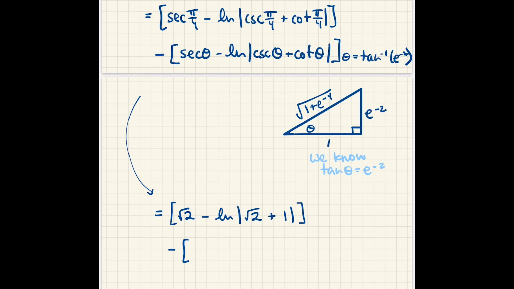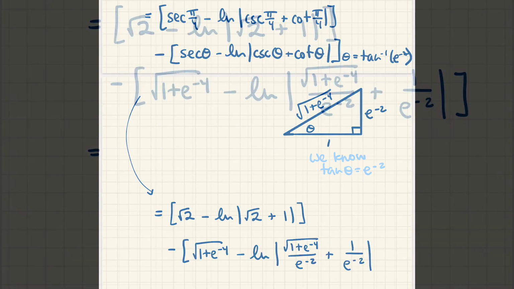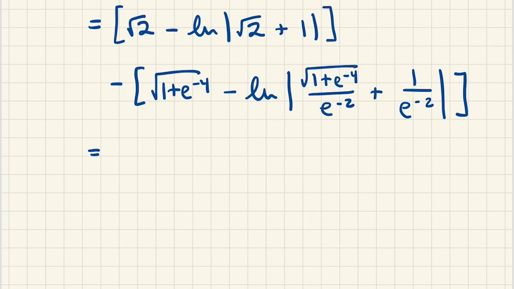Secant of theta, which is from our triangle the square root of 1 plus e to the negative 4, over e to the negative 2, minus ln of absolute value of cosecant of theta, which is that thing, plus cotangent of theta, which is that thing. Okay, so what is this thing?